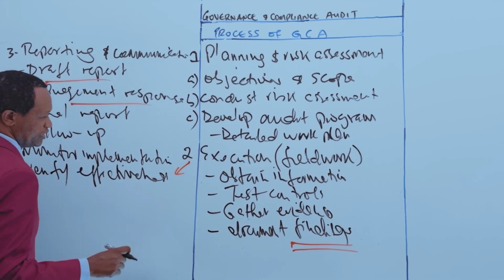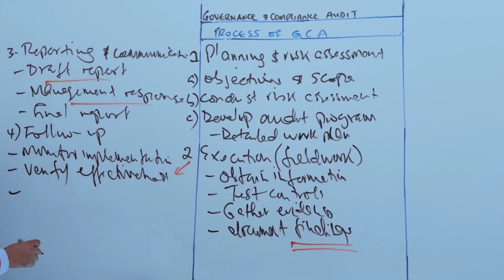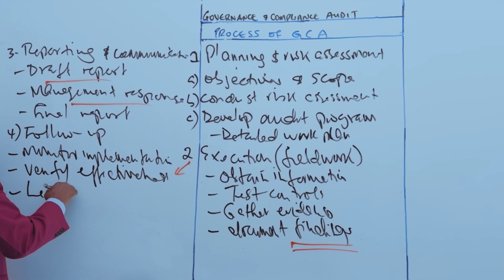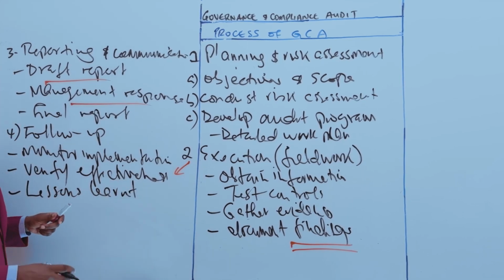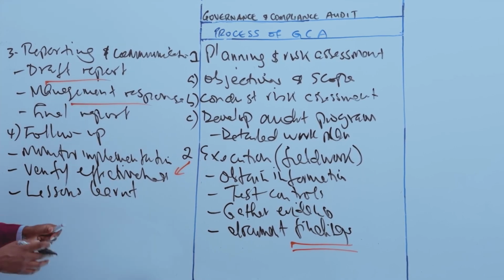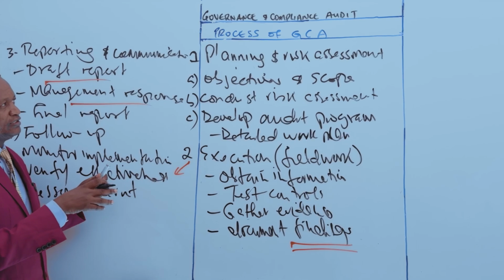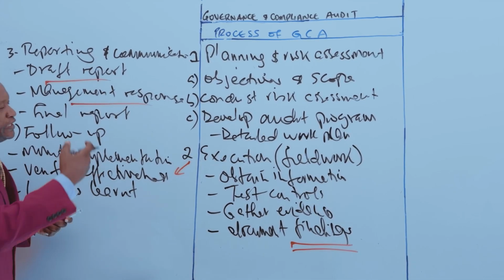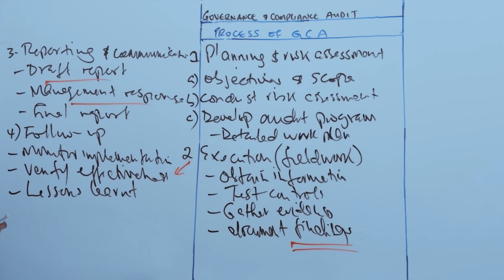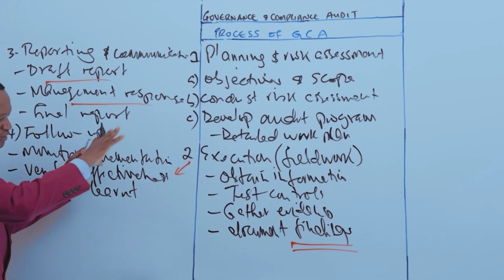Then it does not end there. We have what we call lessons learned. The lessons that are learned in this audit should be used to improve the next audit. Both the audit team and management reflect on the process itself.